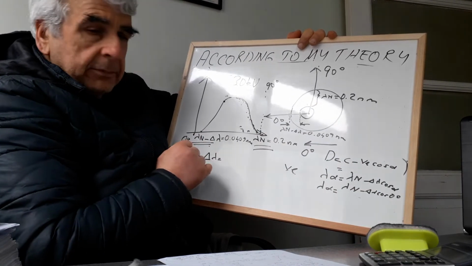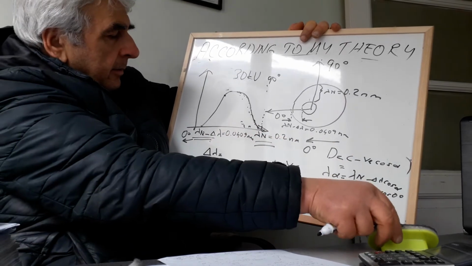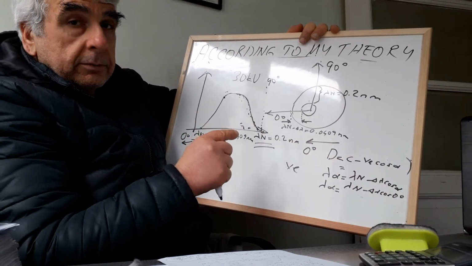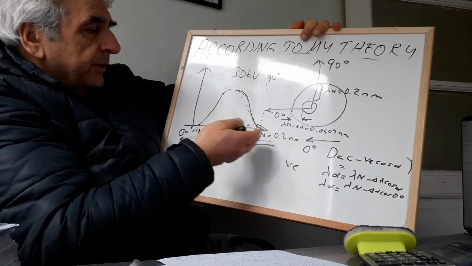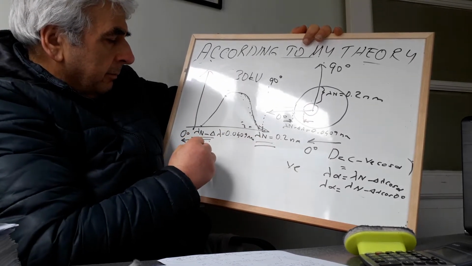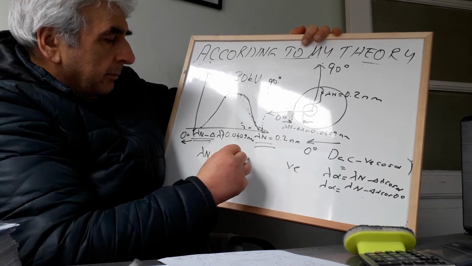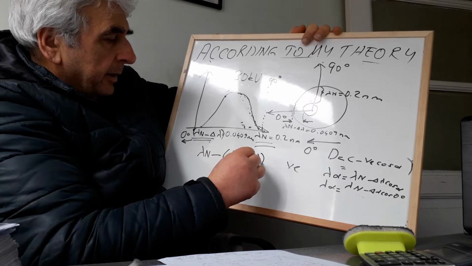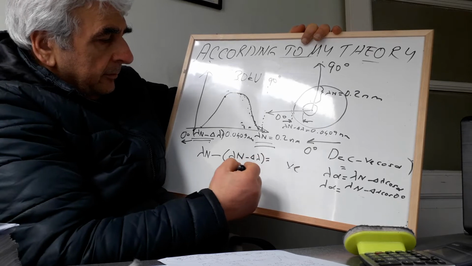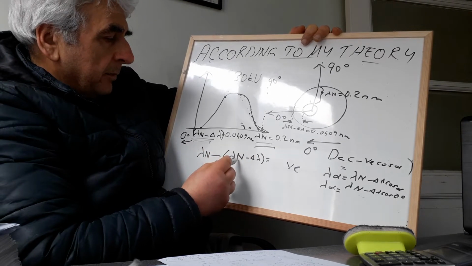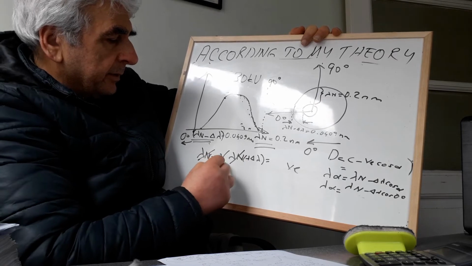How can we find this Δλ? It's so basic. Here we see on that graph λn minus, λn minus Δλ. λn minus λn cancel, minus and minus, plus Δλ.